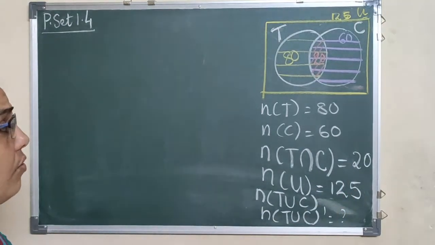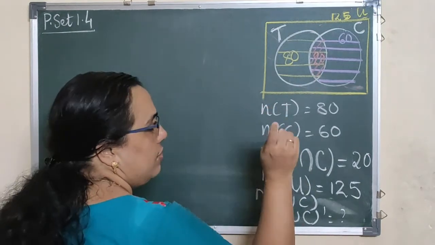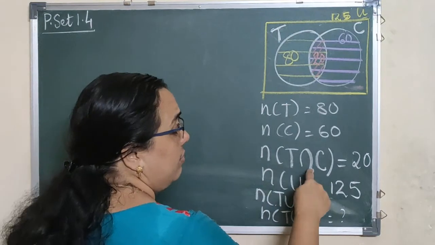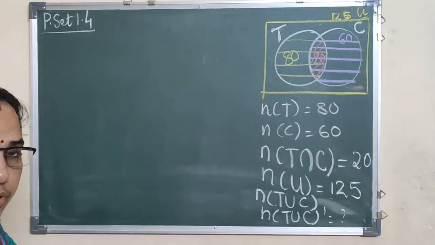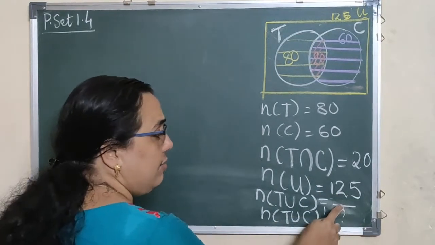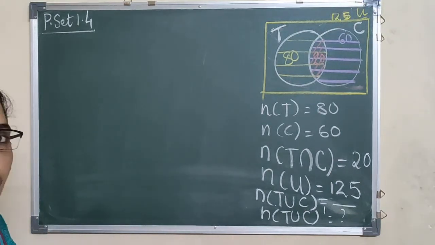So how do we find N of T union C? N of T plus N of C minus N of T intersection C. Can we find that? Yes. We will get a value. Whatever that value is, subtract that value from this, and you will get your answer for the complement.